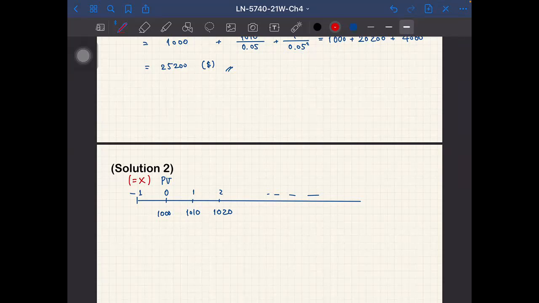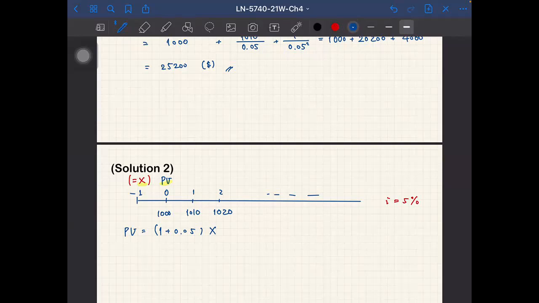Then we calculate PV. PV is just x times one year of accumulated interest. So i is equal to 5%, and PV is 1 plus 0.05 times x, so 1.05 times x.